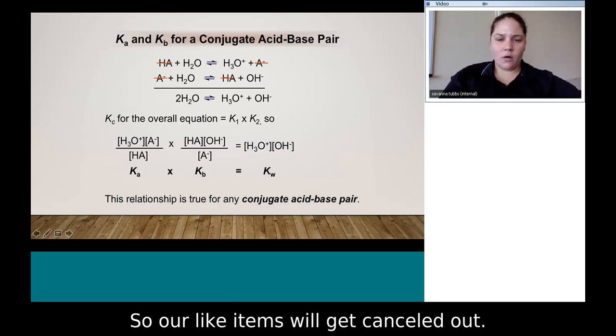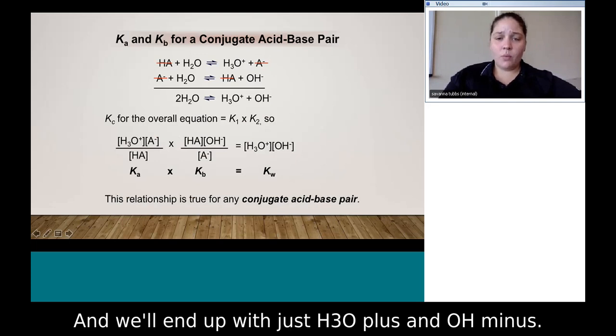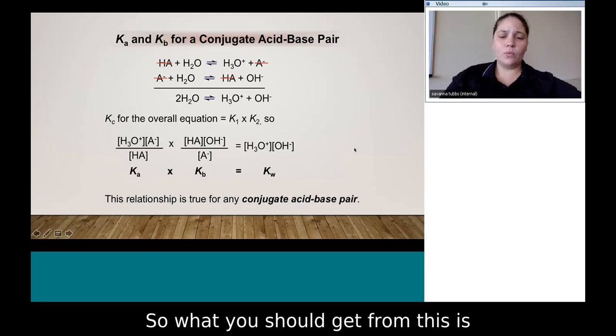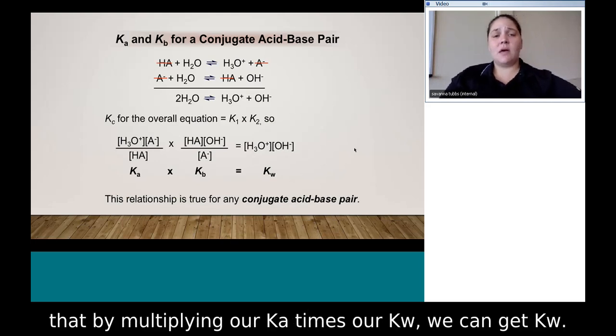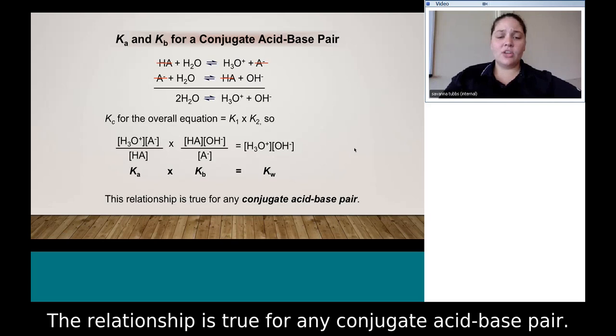Our like items will get canceled out, and we'll end up with just H3O+ and OH-. So what you should get from this is that by multiplying our Ka times our Kb, we can get Kw. The relationship is true for any conjugate acid-base pair.